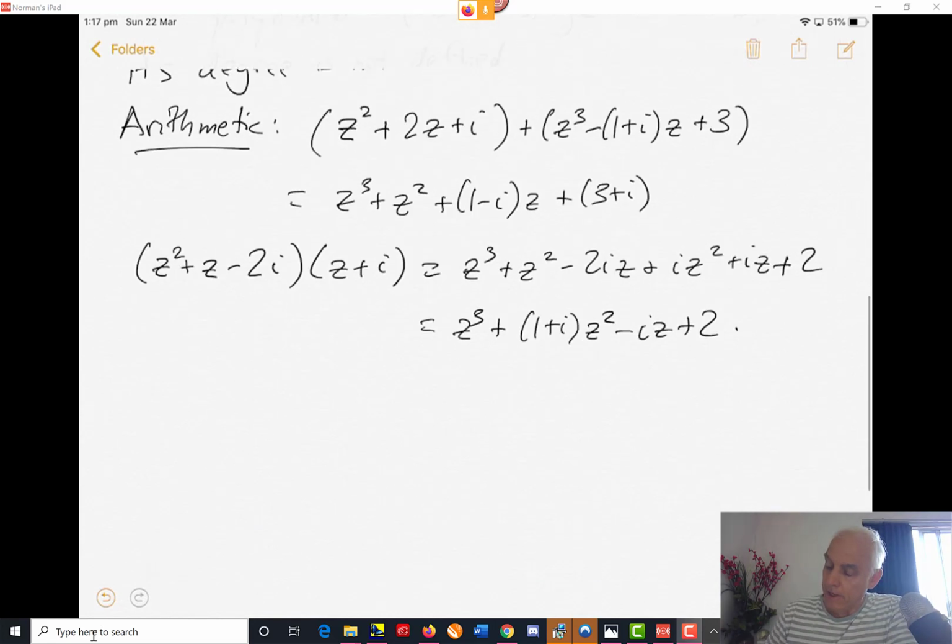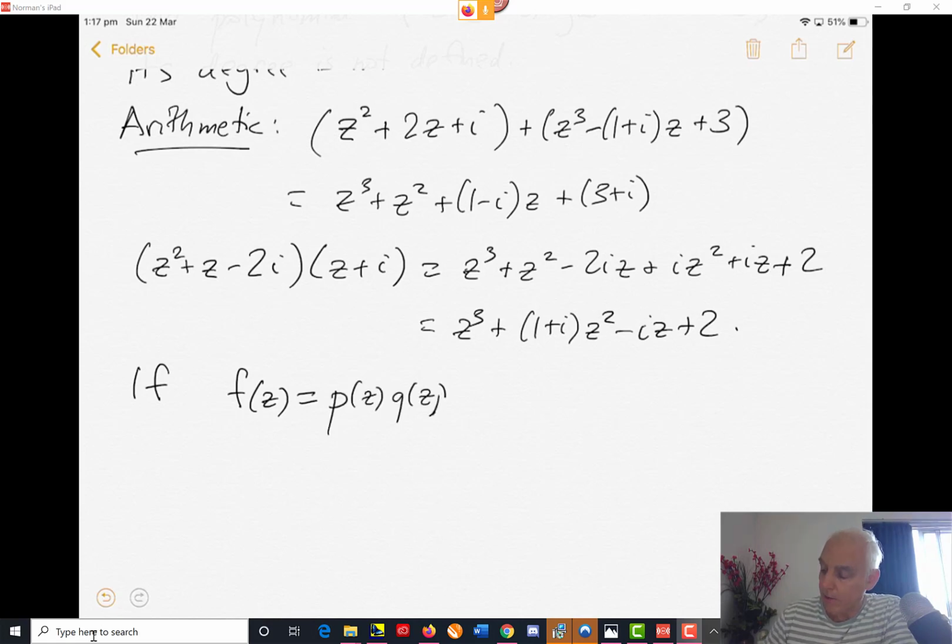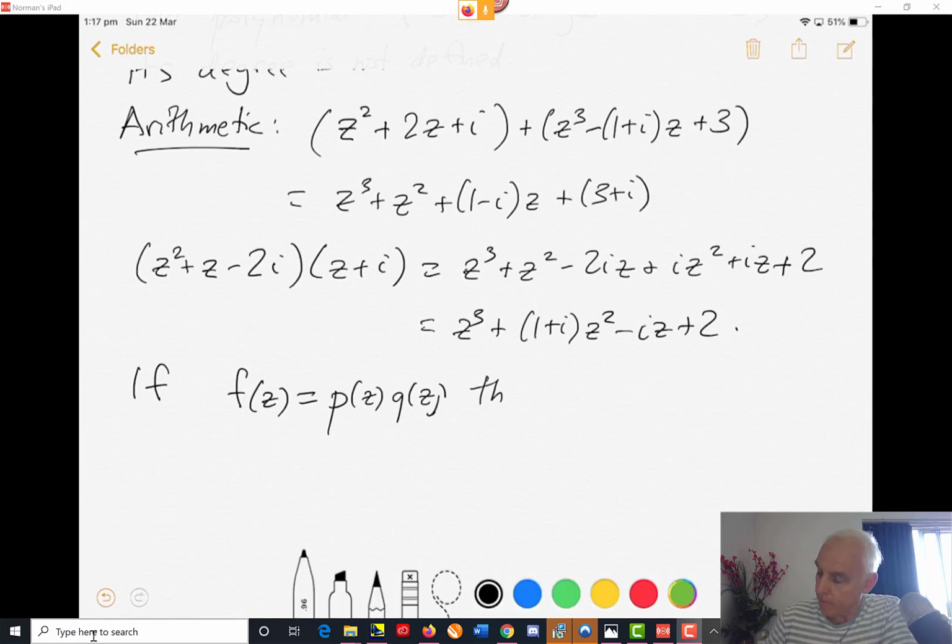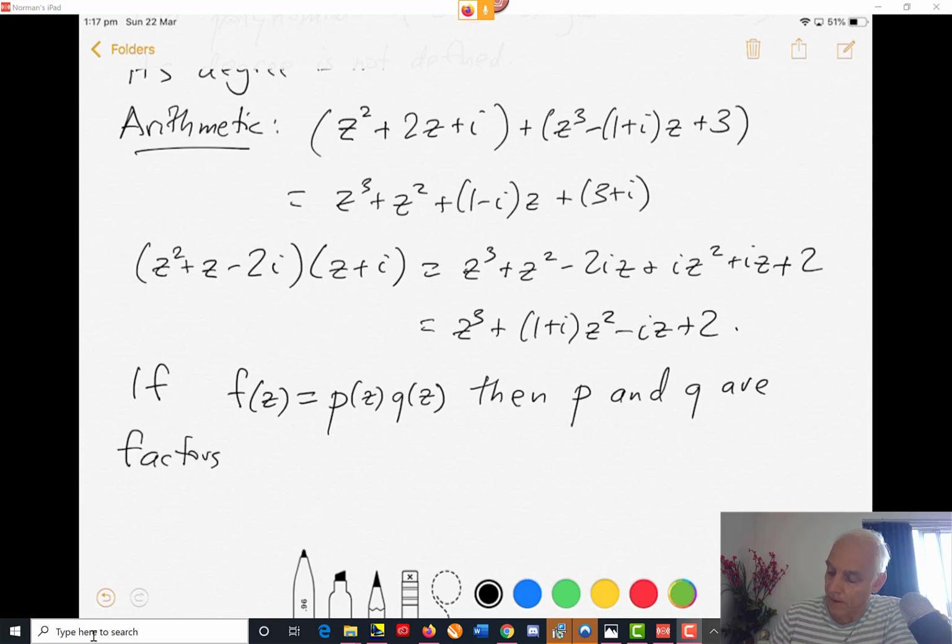Okay, if a polynomial, say f of z, is a product of two other polynomials, say if f of z equals p of z times q of z, then p and q are factors of f.